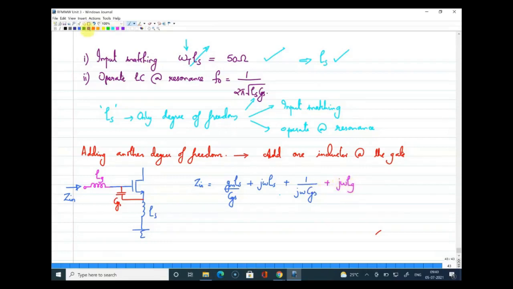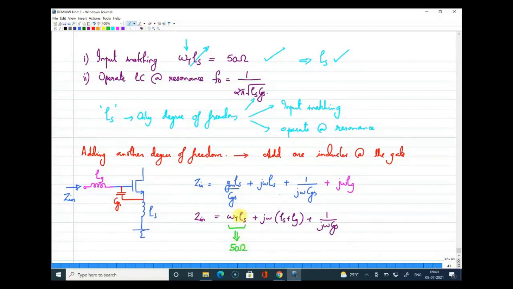You can write the total input impedance as omega t into Ls plus j omega into (Ls plus Lg) plus 1 by j omega into CGS, right? I will not say there are no other solutions, but this is the best solution we can get. So now you have omega t into Ls, and using Ls you can match this to 50 ohm or whatever impedance we need.